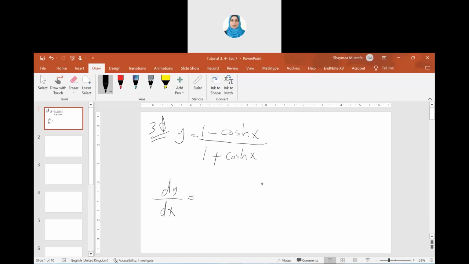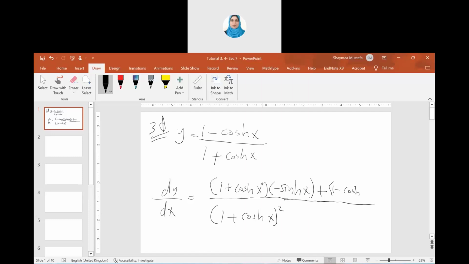So this 1 plus cos x squared, will apply the derivative rule. 1 plus cos x squared. Now 1 plus cos x multiplied by the derivative of 1 minus cos x, which is minus sin x, plus 1 minus cos x multiplied by the derivative of 1 plus cos x, which is sin x.